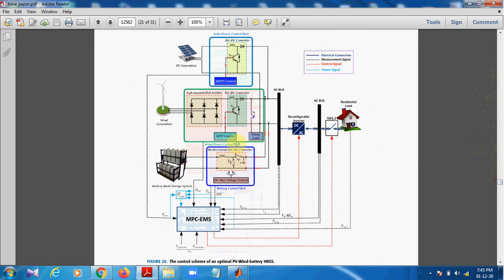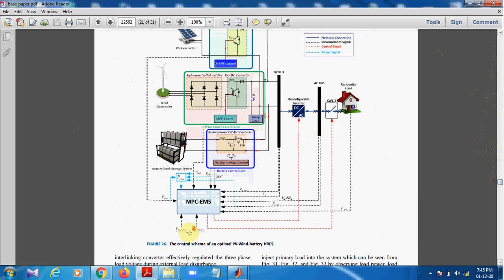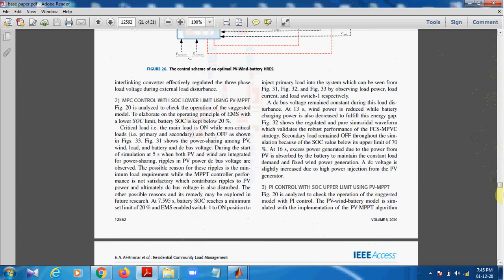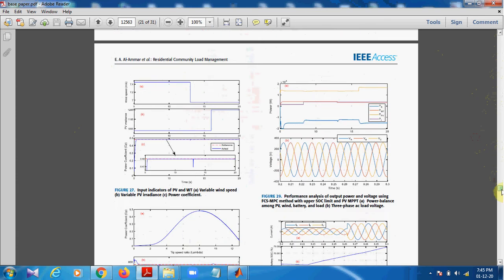This is a more elaborated structure where PV generation unit, wind generation unit, and battery storage unit are connected to the DC bus, and all these are monitored by the MPC EMS, that is the MPC controller, which is giving the control signal to the inverter and switch that is attached to the residential load after the AC bus. So this is how the circuit is maintained.